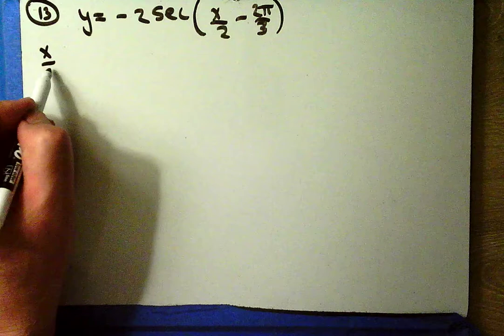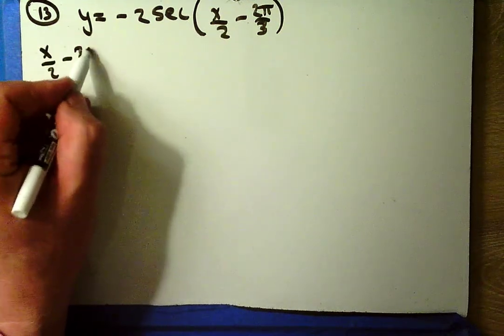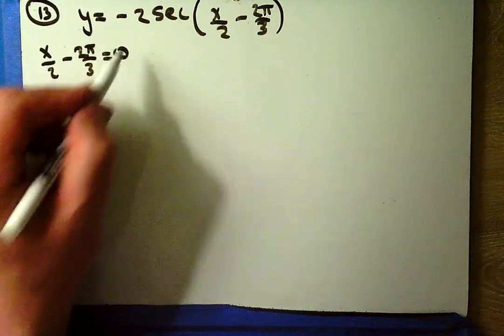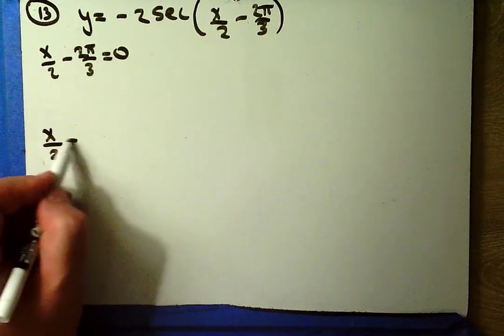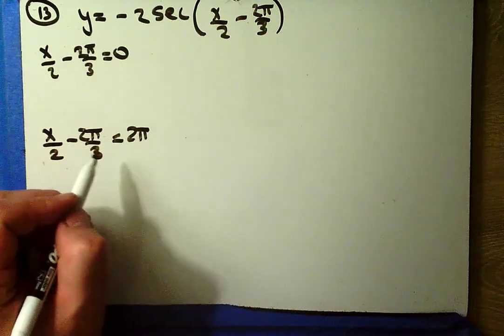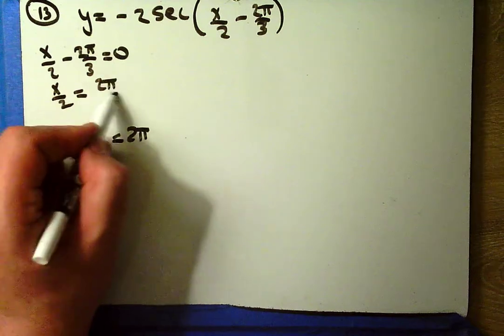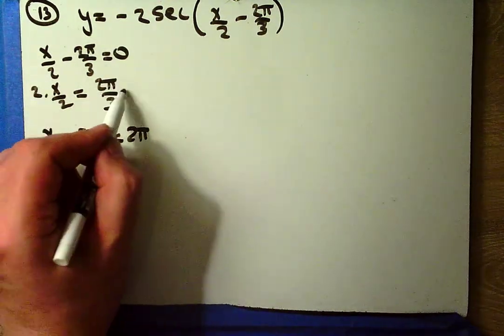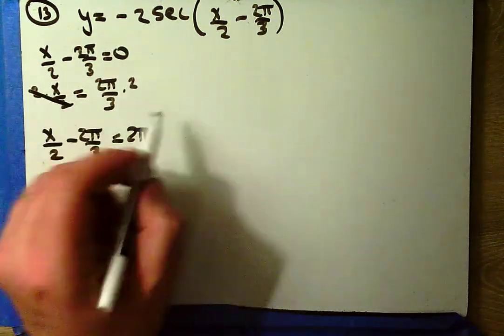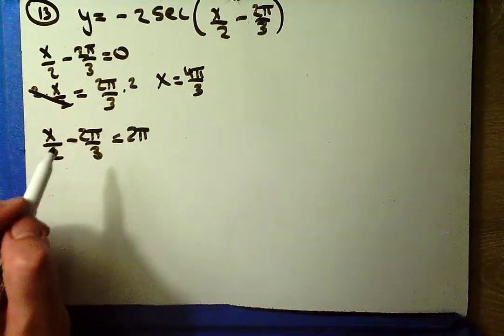I'm going to set the argument equal to 0, and x over 2 minus 2 pi over 3 equals 2 pi. So here I get x over 2 equals 2 pi over 3, and if I multiply both sides by 2, I get x equals 4 pi over 3.